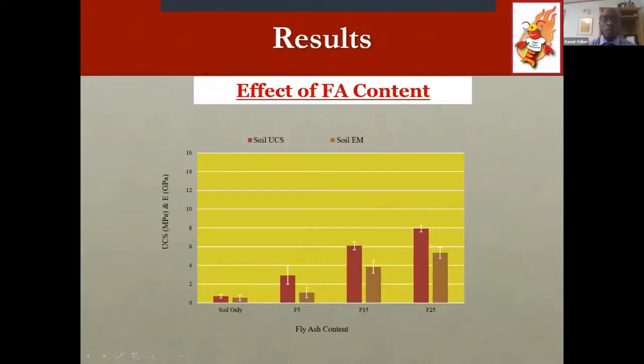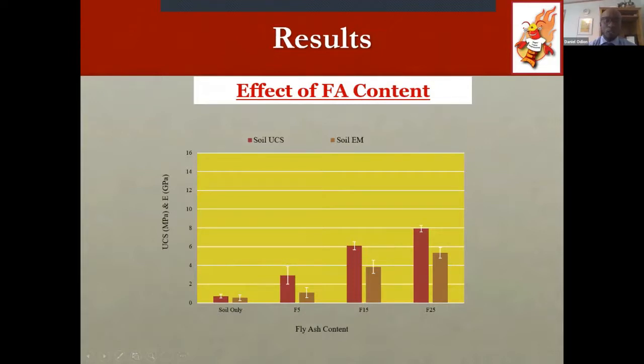So when we finished testing using our different experiment design, we checked for the effect of the fly ash content on the UCS and the elastic modulus of our soil samples. Looking at this, the soil only, the 15% fly ash, and the 25% fly ash.